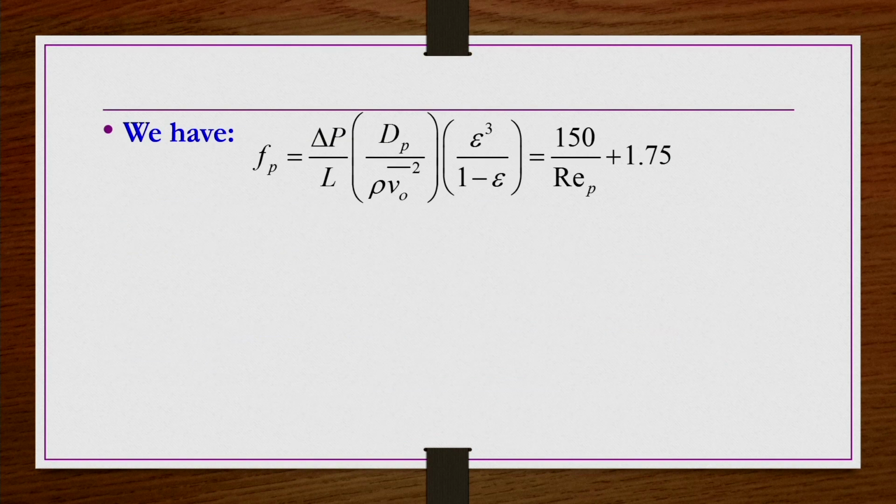Okay. Now we have this equation, Fp equals 150 by Rep plus 1.75. We need to find out delta P. We were not asked to find the friction factor. So, we have to rearrange this equation in terms of mass velocity, because here we also have the V naught bar term, which is not known.